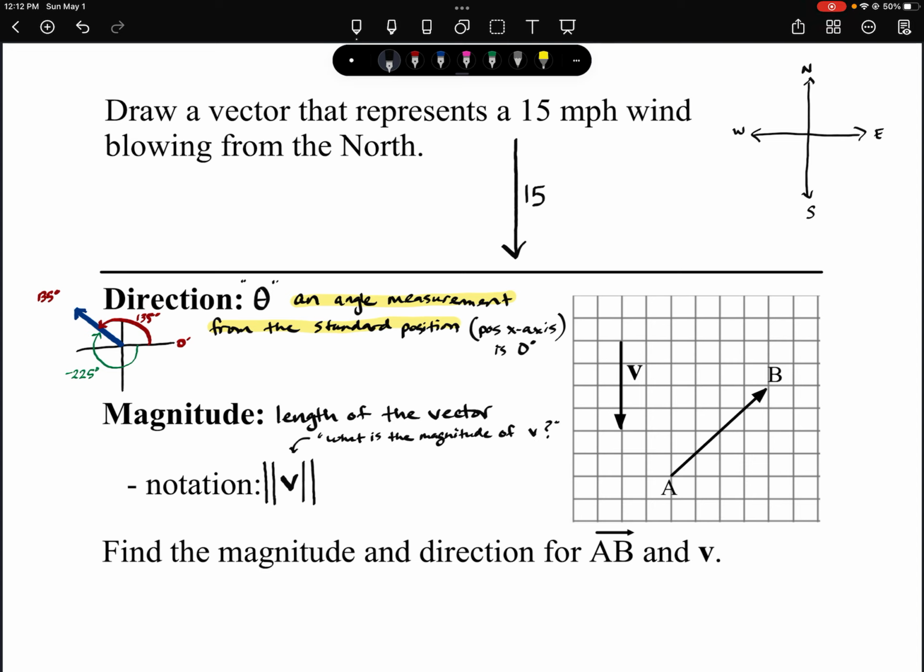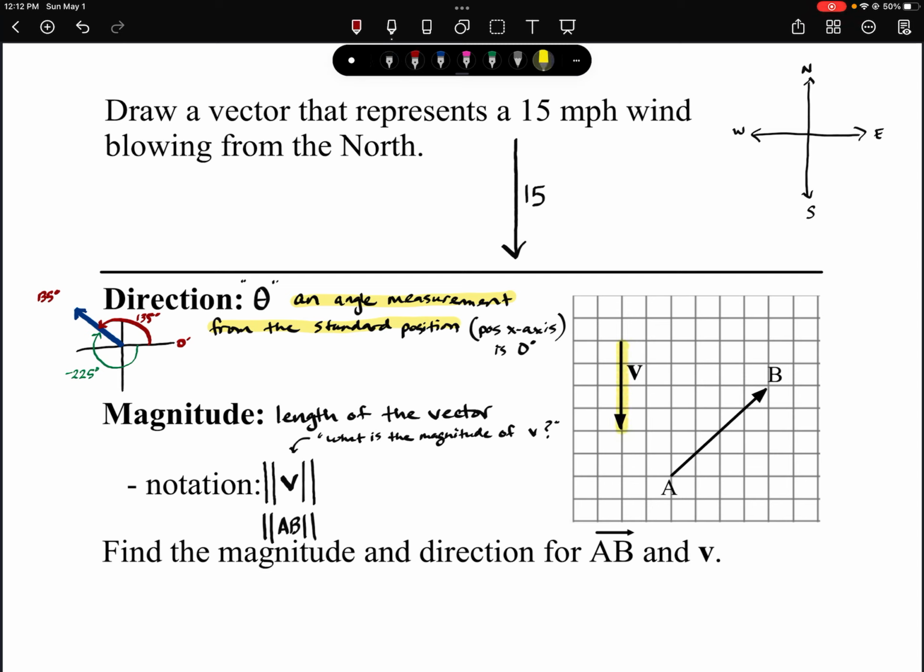You could also see it for vector AB, the same kind of thing. That's like saying, what is the length of AB? Now, how do we find the magnitudes? Well, it just depends. Let's look at V right here.